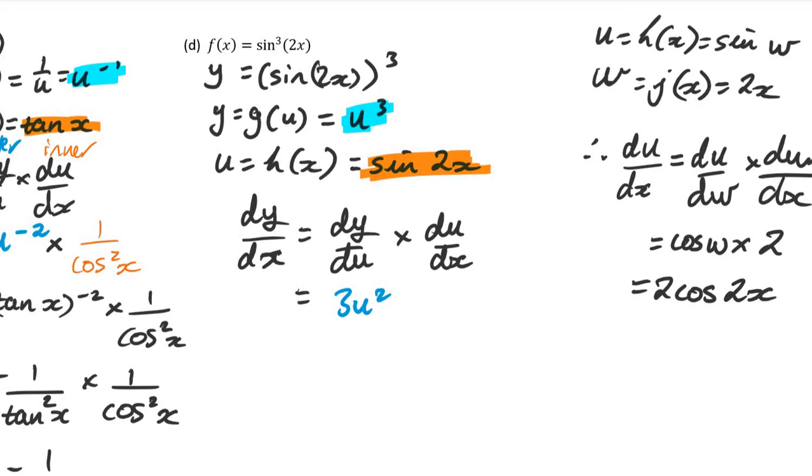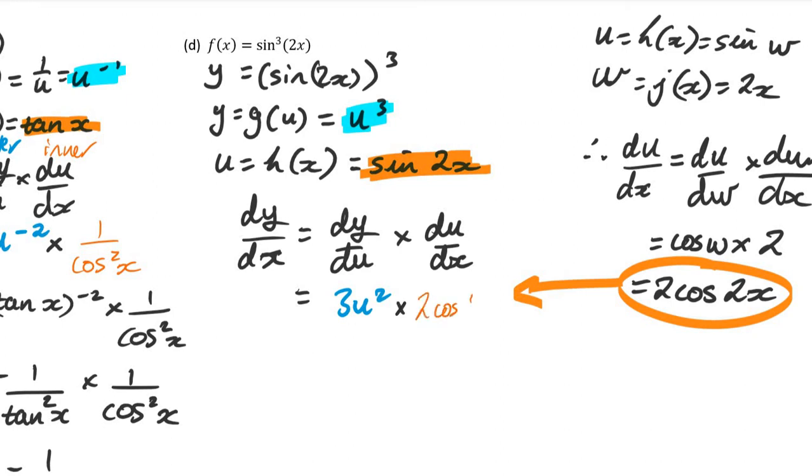Okay, now we could do that using a shortcut, and I'll do that in a second. So, that's the derivative of the inner function. Alright, that is what I'm going to sub in here. Times 2 cos 2x.